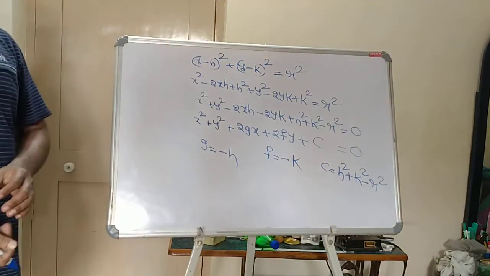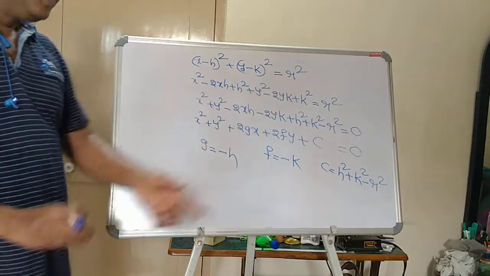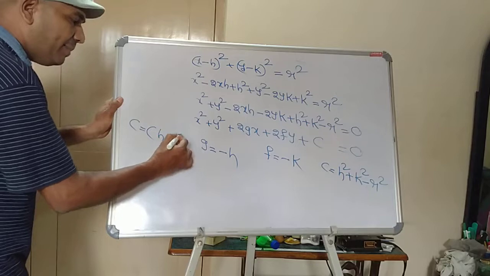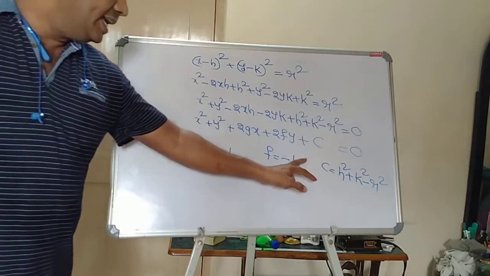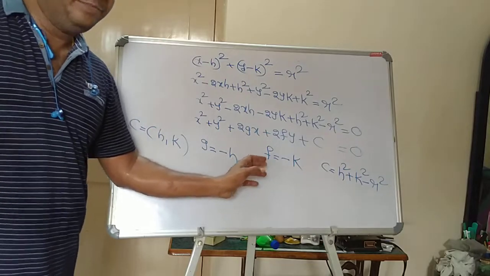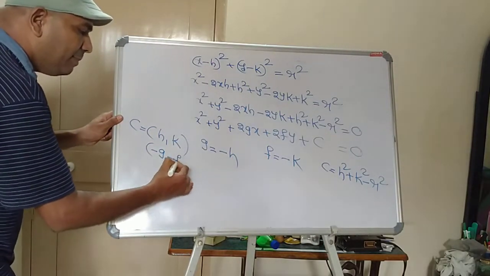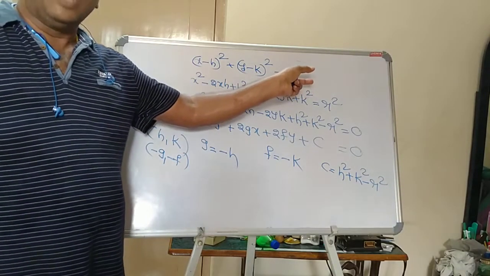But we know that center of the circle is h comma k. But h equal to minus g, k equal to minus f. So center equal to minus g comma minus f, and radius equal to r.